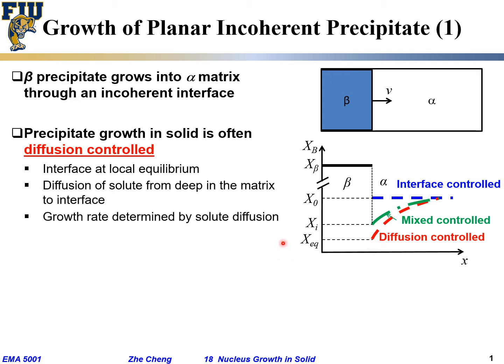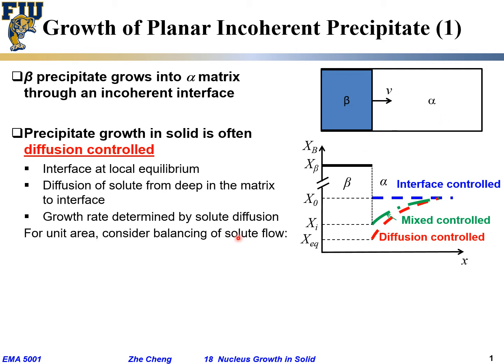Okay, and then the growth rate of this beta precipitate would be determined by the diffusion of the solute atom to this low concentration region. That controls the precipitate growth or the movement velocity of the interface between the beta precipitate and the alpha matrix.